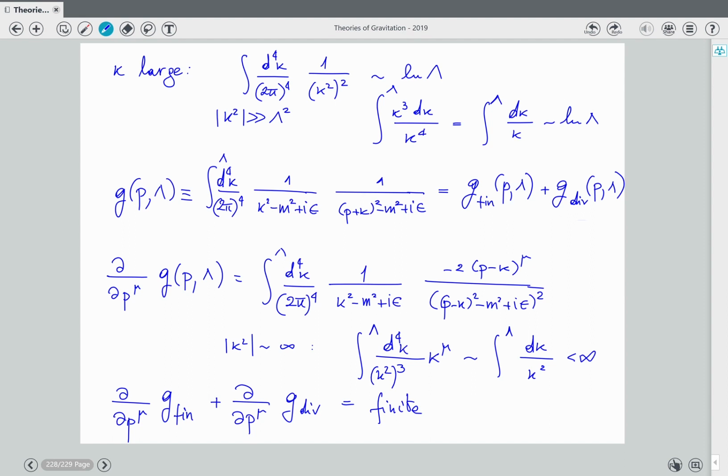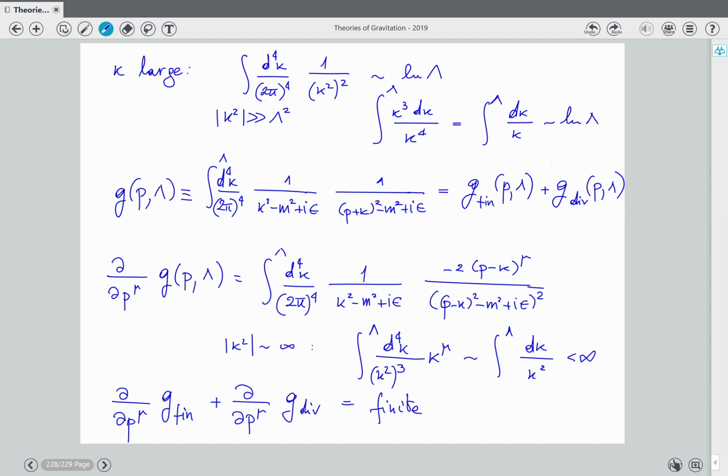But since we have this parameter that we introduced for the improper integral, the cutoff, you can also, by convention, decide that you separate this in a clear way so that this contains no finite part.